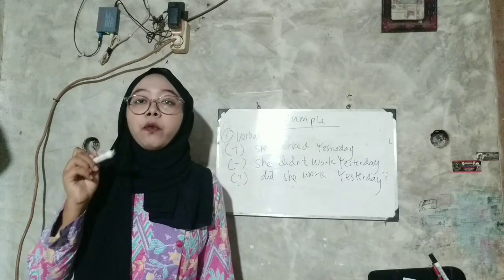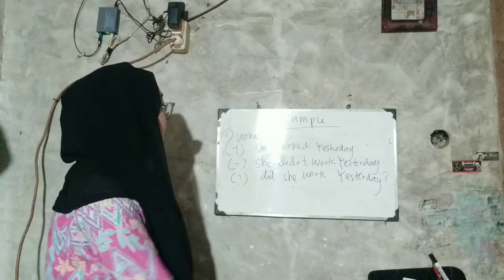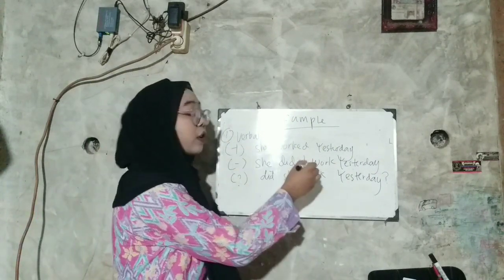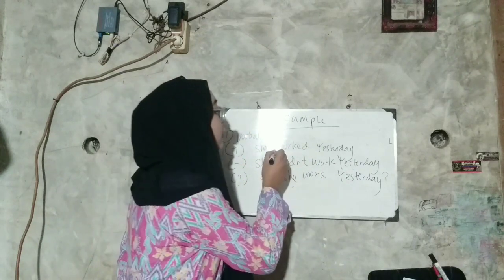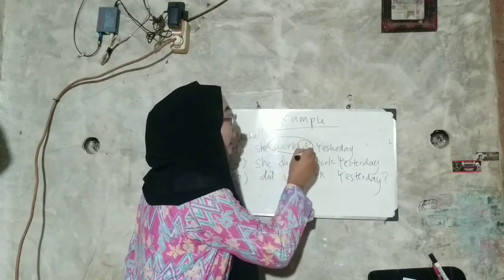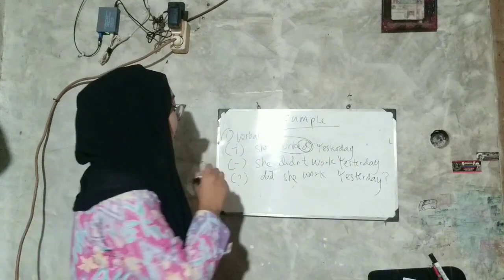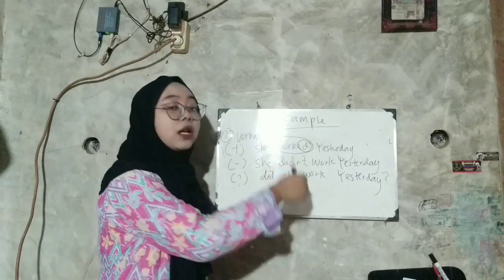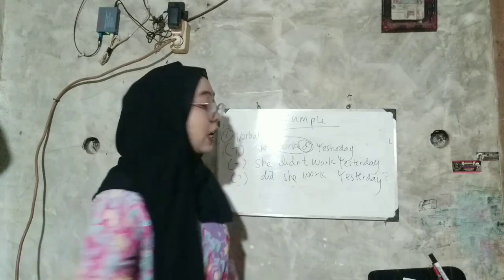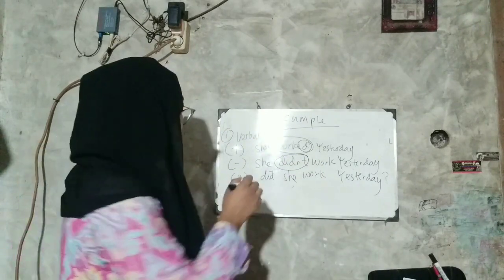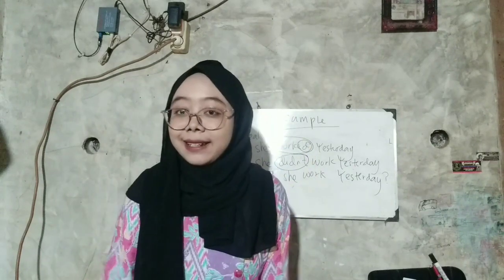This is for the verbal sentence of the past tense. The positive is she worked yesterday. This is verb 2 and use ed. The negative is she didn't work yesterday. Didn't in here. For the interrogative is did she work yesterday?